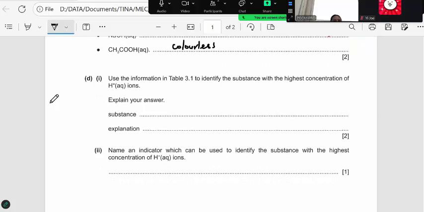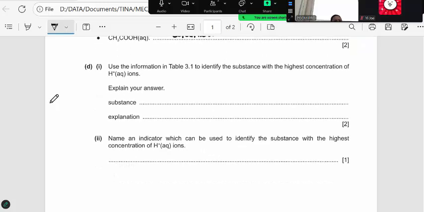Okay. Use the information to identify the substance with the highest concentration of hydrogen ions. So in order to have highest concentration of hydrogen ions, it has to have the lowest pH because it has to be the strong acid. So nitric acid. Lowest pH.